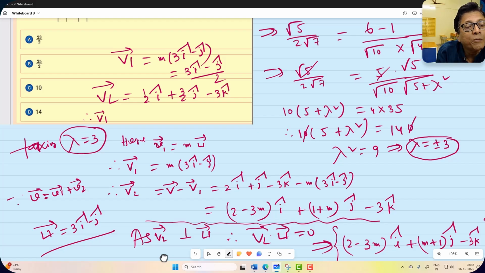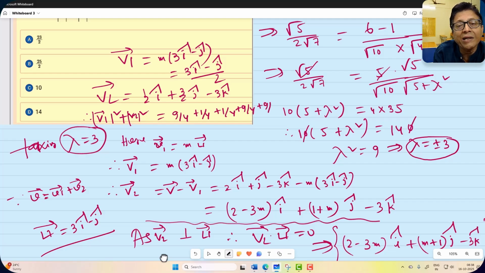So mod V1 square plus mod V2 square is going to be 9 by 4, 1 by 4, 1 by 4, 9 by 4 and again 9 by 4. So 28 divided by 4.